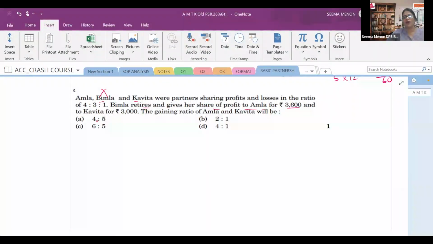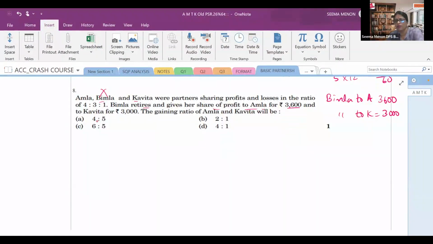What will be the gaining ratio of Amala and Kavida? Now let's see the contribution given by Bimala. To Amala, how much had she given? 3,600. And Bimala to Kavida, how much? 3,000.